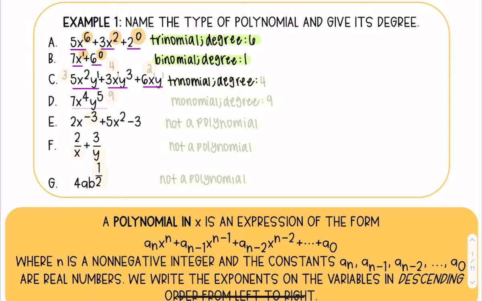So how we do this is we add their exponents together. So the degree of this first term is going to be 2 plus 1, which is 3. The degree of the second term is going to be 4, or 1 plus 3. And the degree of the last term is 1 plus 1, or 2. So the degree of the entire polynomial is 4.